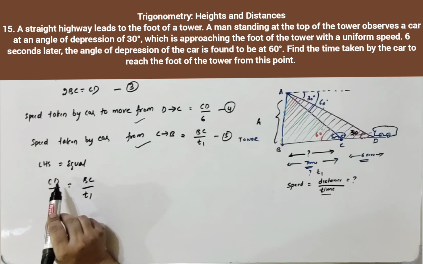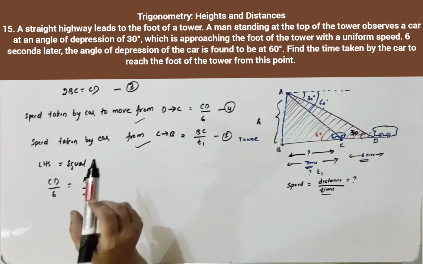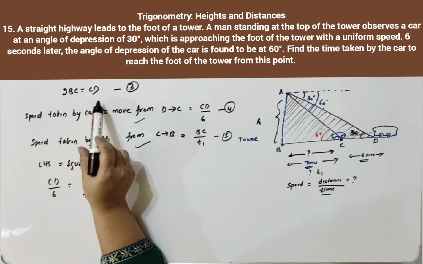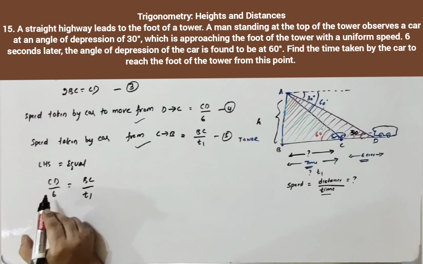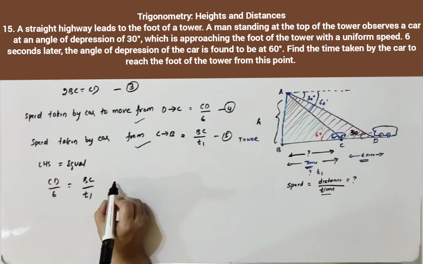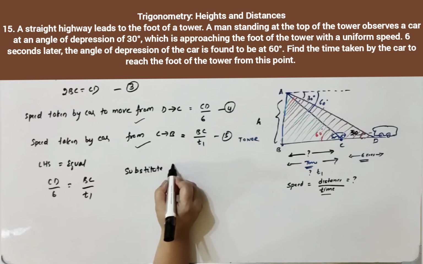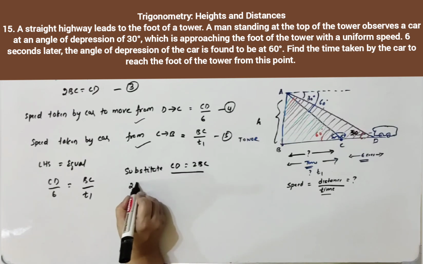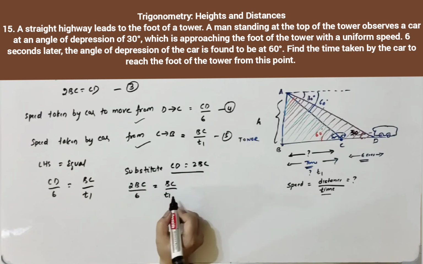Now CD, from the earlier calculations using tan 30 and tan 60, we got 2 BC is CD. Let's substitute it here. So we'll substitute CD as 2 BC. We get 2 BC by 6 is equal to BC by T1.